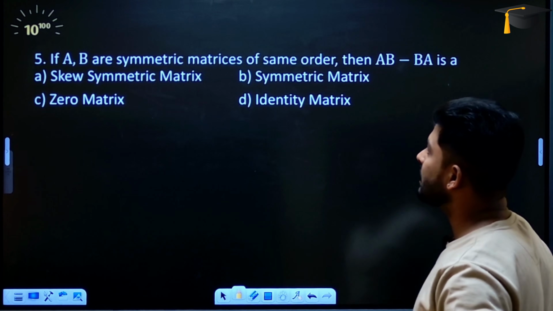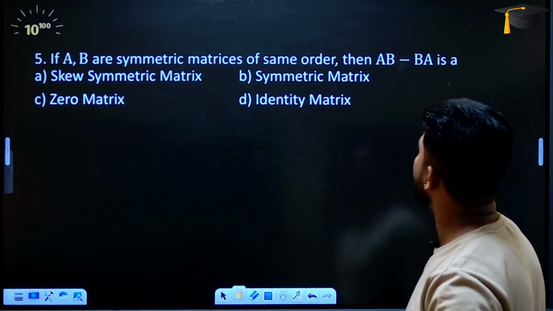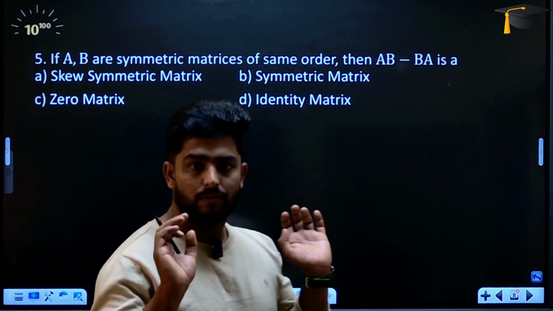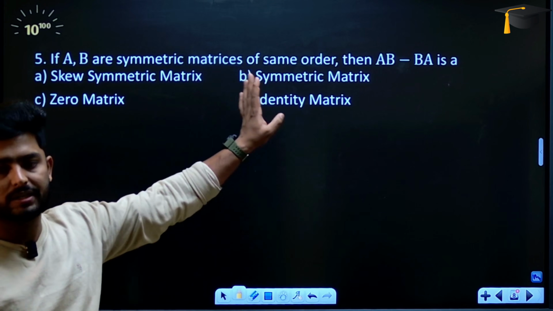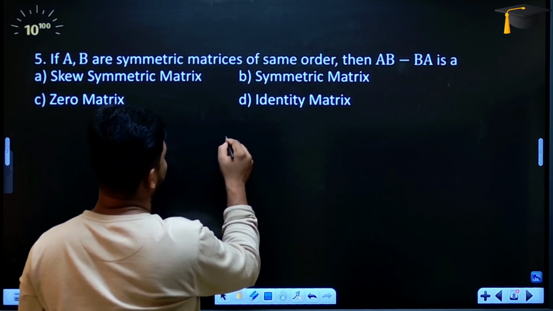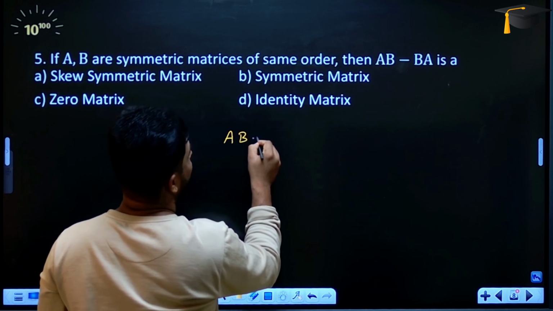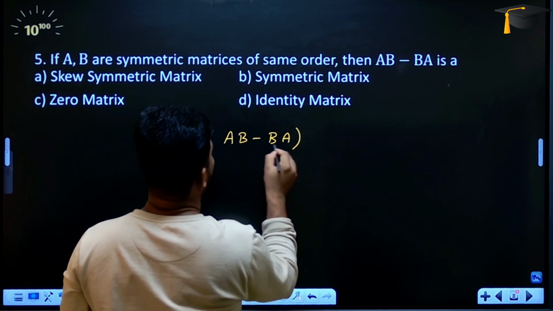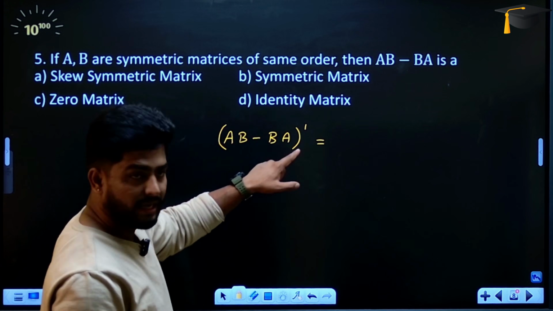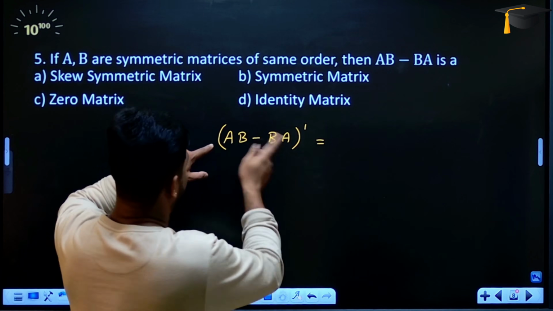Next. So if A and B are symmetric matrices of same order, then what is AB minus BA? Whenever there is multiplication, subtraction, addition, what you have to do is take the complete expression AB minus BA, right? Take the whole transpose. So AB minus BA, that transpose we can bring in.